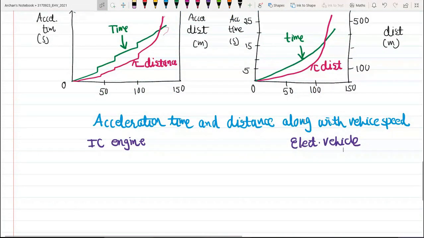So these three were the parameters which will help us find out the vehicle performance. Now after this, the main thing you need to know is what happens once our vehicle has been accelerated.